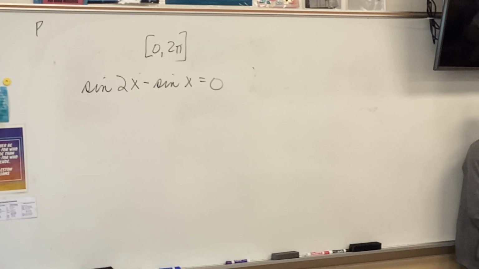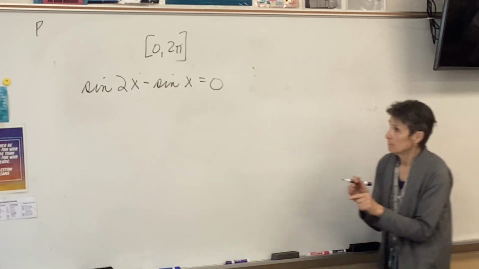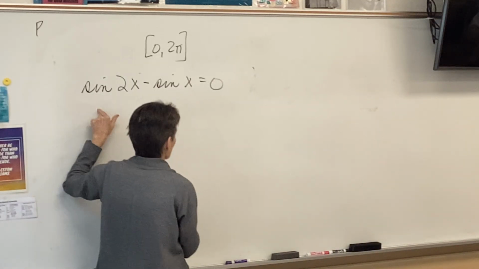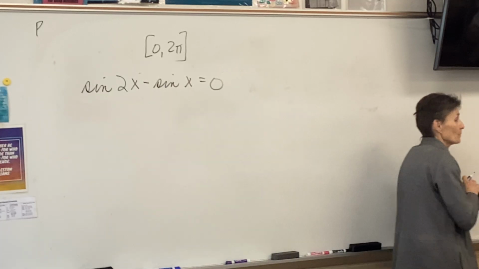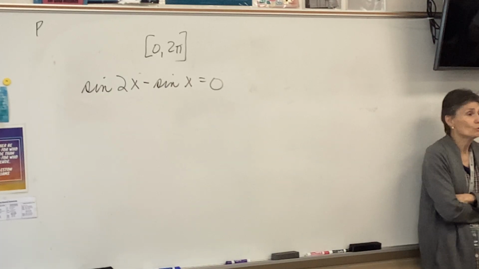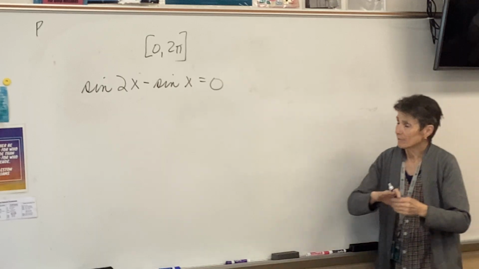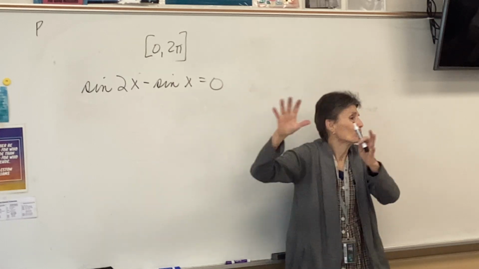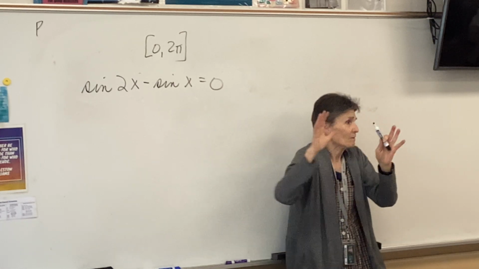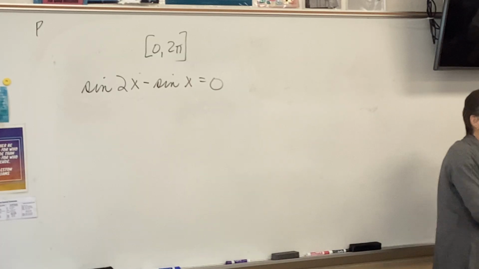Now, that is a very common thought, but sine by itself doesn't exist. So you can't factor out a sine. That doesn't work. Now, you can take out a sin x, but this isn't sin x, this is sine of something else. But you're on the right track. The problem isn't doable with a 2x and an x in it. That's like two separate variables. So we have to fix that. How can we fix that?